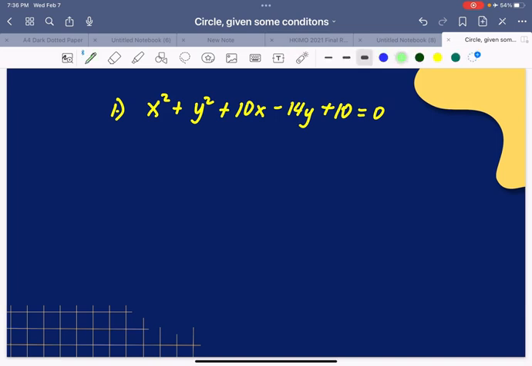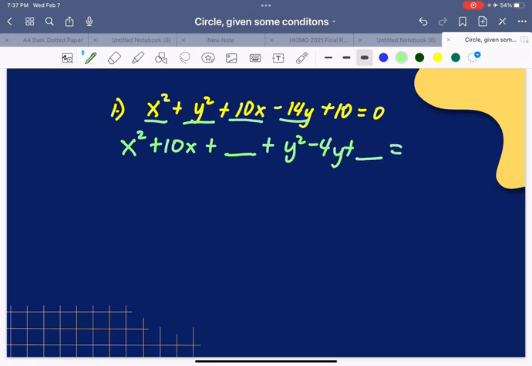So, paano yon? So, una, pagsasamahin muna natin yung mga magkakapamilya, x squared at saka 10x. So, dapat magpagtabihin natin to x squared plus 10x plus blank plus y squared minus 14y plus blank is equal to, itong 10 na to, ilipat natin doon.